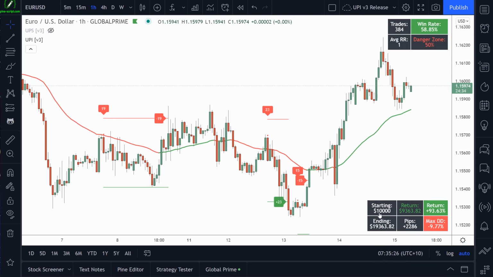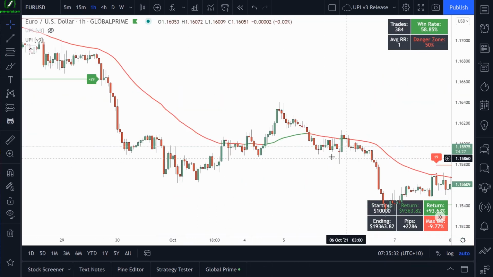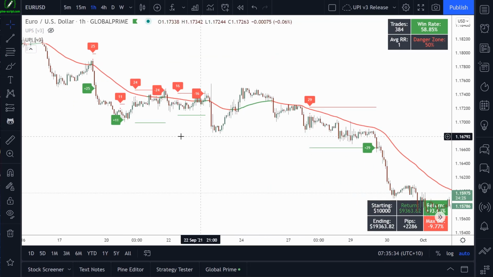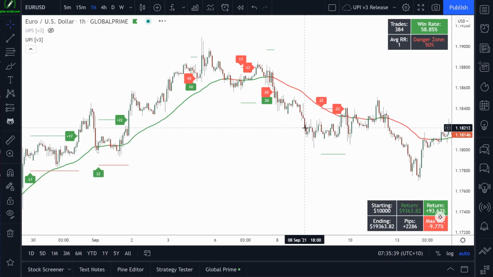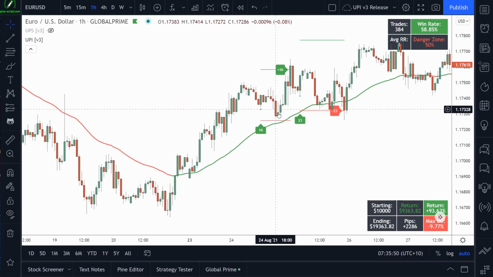Now, it's important to stress that this is a rough estimate, a very rough guide. It doesn't take into consideration times when price gets really close to your stop loss and maybe stops you out based on the spread. So here's an example here.